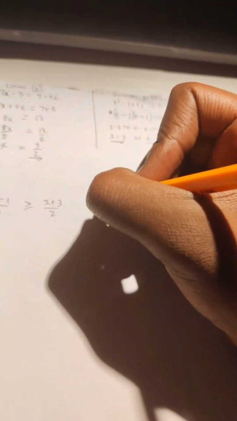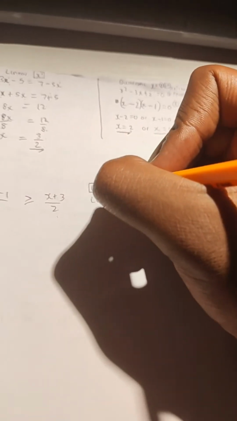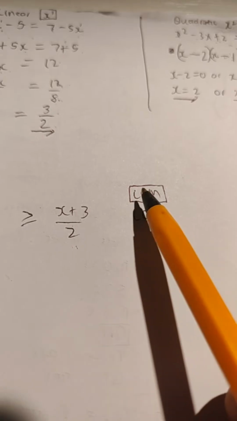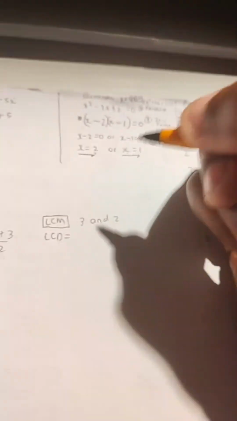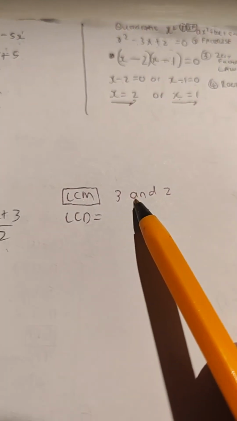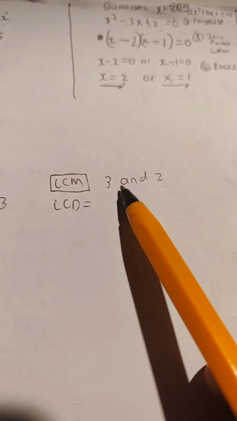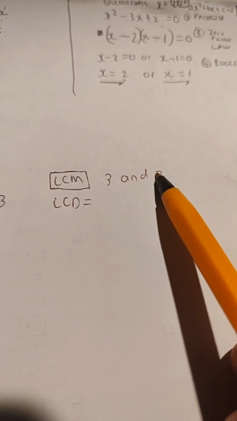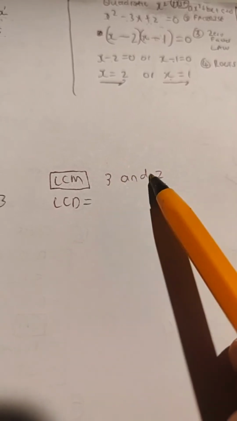Well, we have something that we call the LCD, which comes from the LCM. What is the LCM? LCM is the lowest common multiple. So we are going to check between 3 and 2 generally. What is the lowest common multiple between 3 and 2? A lowest common multiple, guys, is that number which is a multiple of both of these numbers, but it is the lowest number which is common as a multiple for both of these numbers.